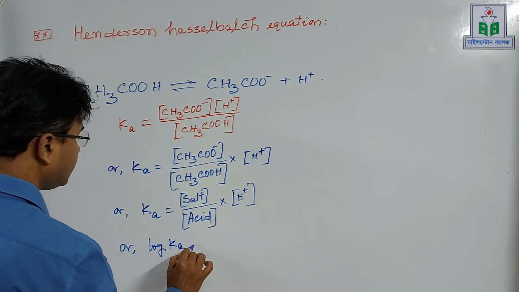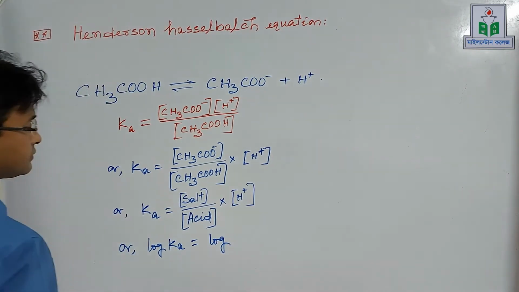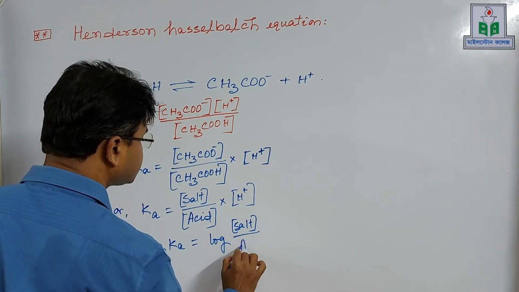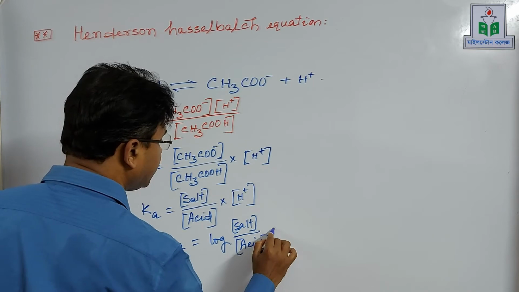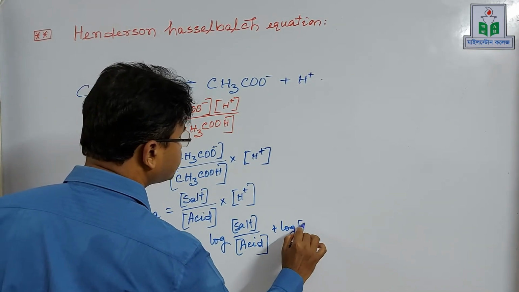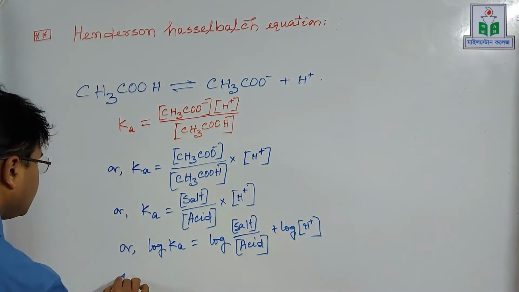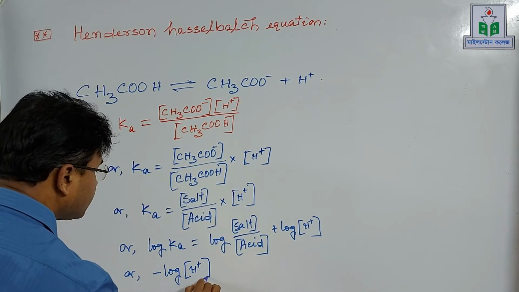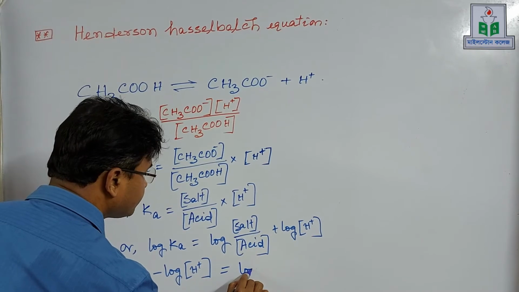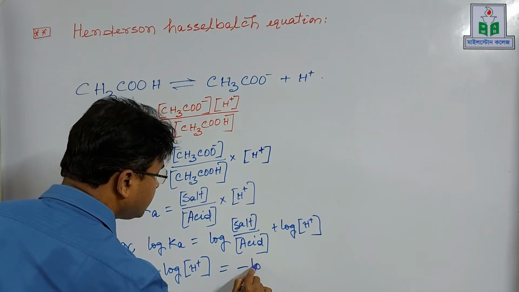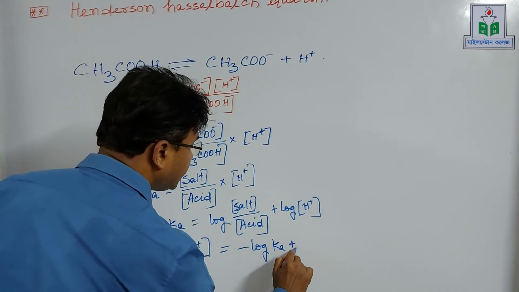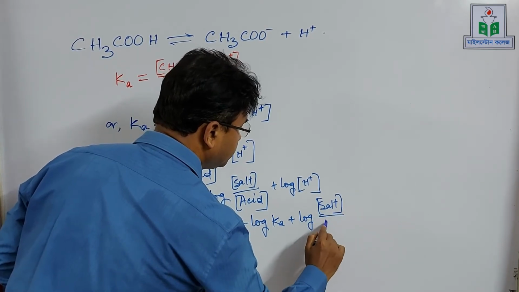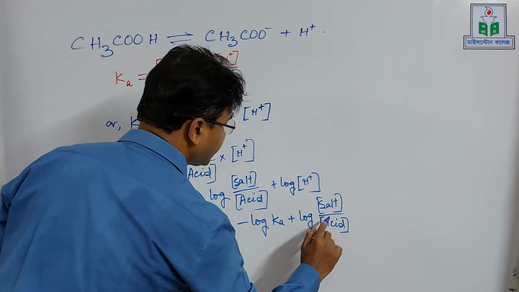Log Ka equals log of molar concentration of salt divided by molar concentration of acid, plus log H plus ion, or minus log H plus ion equals minus log Ka plus log molar concentration of salt divided by molar concentration of acid.